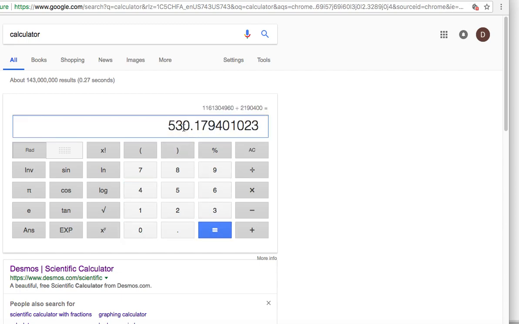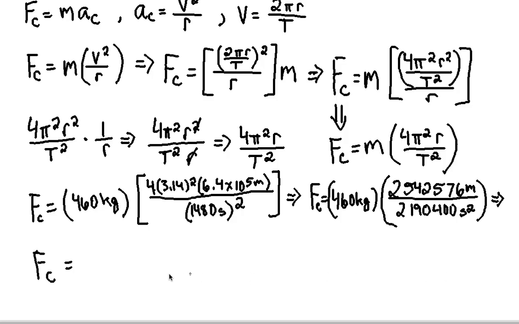And we get a pretty manageable number, 530.18. Now this is a kilogram times a meter divided by a square second, or a Newton.